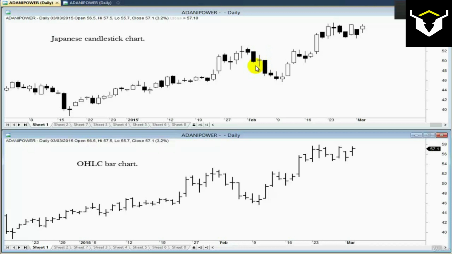Prices remained unchanged for the day. So the candlestick chart plots information in a much more visually appealing way, whereas bar charts plot information up to the mark, but candlesticks give it away in a much more visual way.